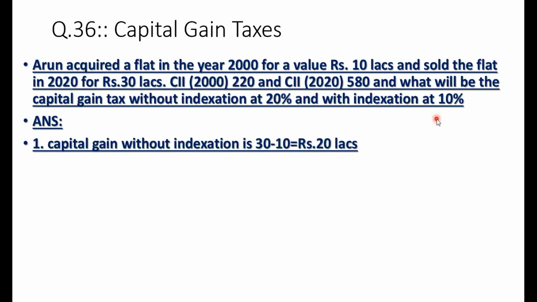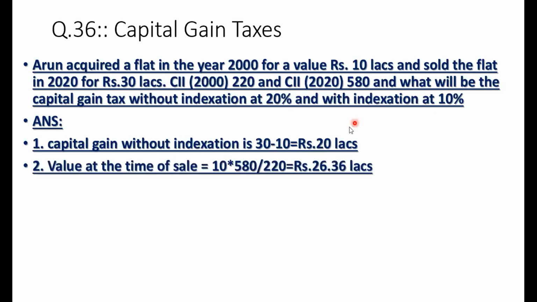How to load the inflation? Because the money value is coming down. At the time of purchase it was 10 lakhs, original. After 20 years, what's the value? Notional value is 10 into 580. What is 580? The price index after 20 years. Divided by 220. What is 220? The index at the time of buying the house.